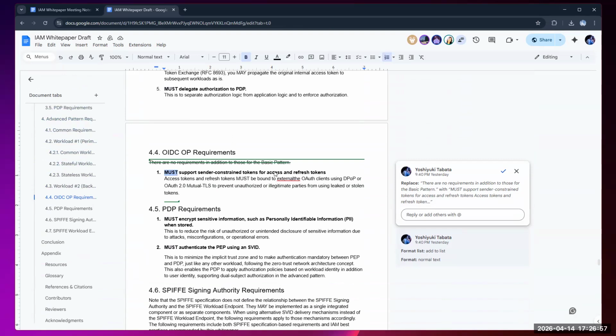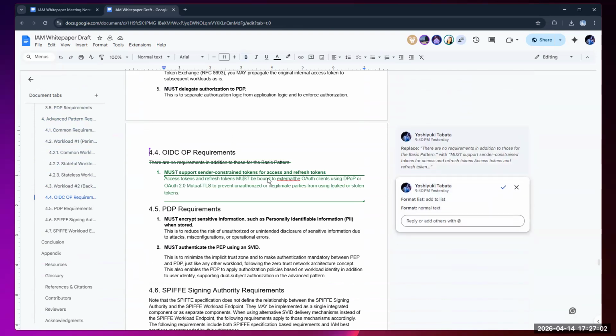Must support sender-constrained tokens for access and refresh tokens, and access tokens and refresh tokens must be bound to external OAuth clients using DPoP or OAuth 2.0 mutual TLS to prevent unauthorized or illegitimate parties from using leaked or stolen tokens. The only difference is this word. This word is must in the advanced pattern and may in the basic pattern.